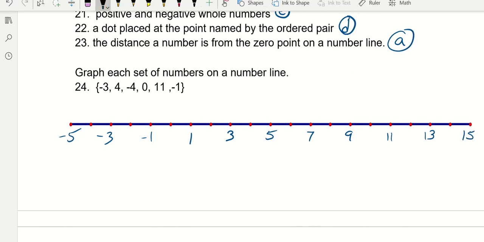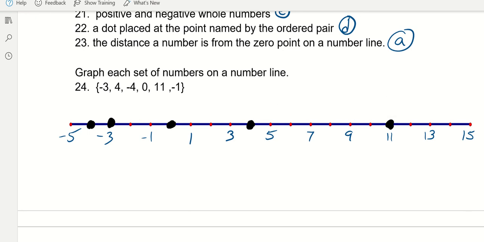Let's put these points on the number line, and when I do that, it looks like this. -3. All right, just put a dot there at -3. There we go. 4. 4 is between 3 and 5. -4. -4 is to the left of -3. 0. 0 is between -1 and 1. 11. 11 is here. -1.